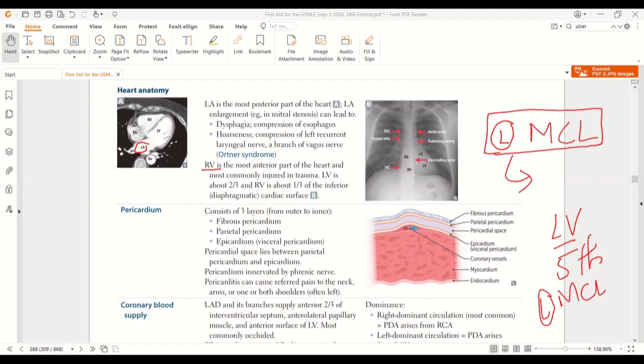But heart structures are medial to the left mid-clavicular line. If they ask about lateral to the left mid-clavicular line, most probably it's the lung, right?